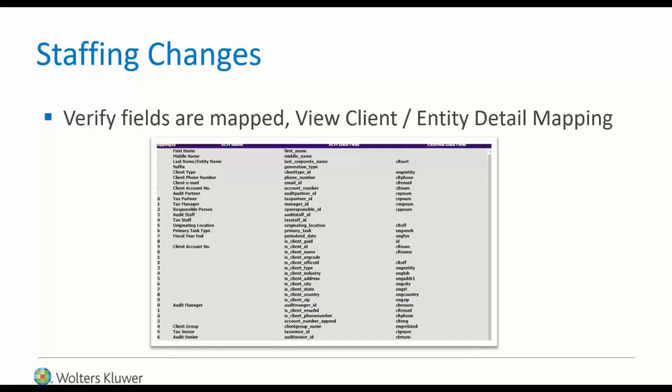For example, if you do rename your fields inside XCM when it comes to staffing, or you rename your fields inside practice management when it comes to staffing, you're not going to see those labels in here. This is when you want to reach out to either support or reach out to your consultants and say, I believe that this field is mapped. Can you tell me which one it should be related to?